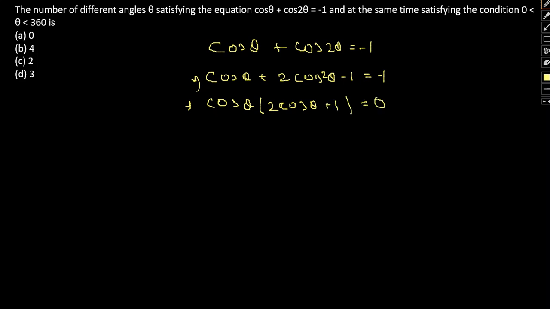Now since the product of two numbers is 0, we can do one thing. Either cos theta is 0, or 2 cos theta plus 1 is 0, so cos theta is minus 1 by 2.